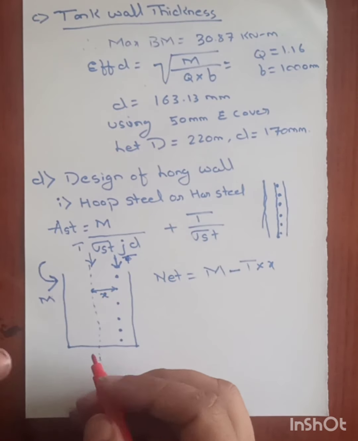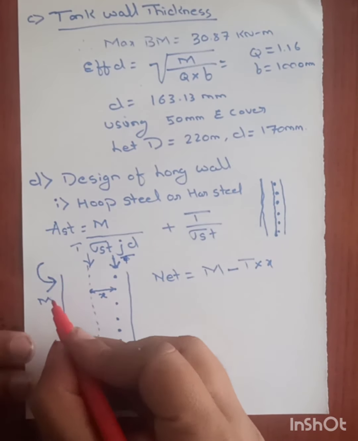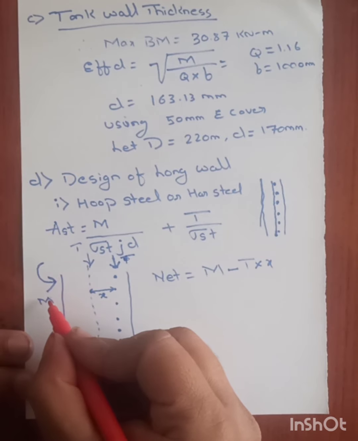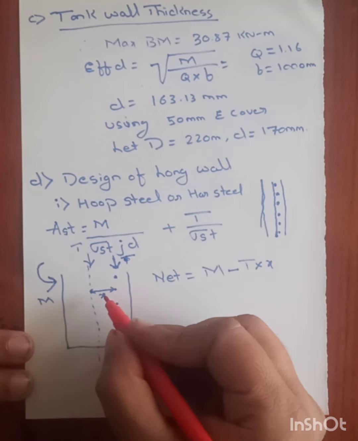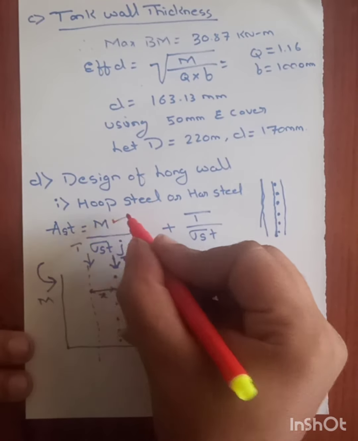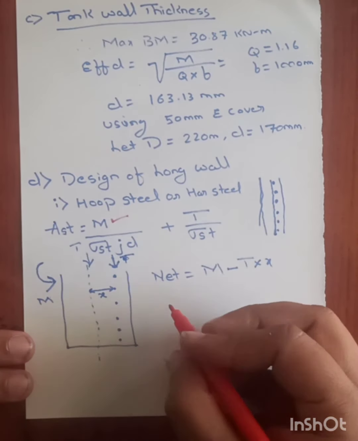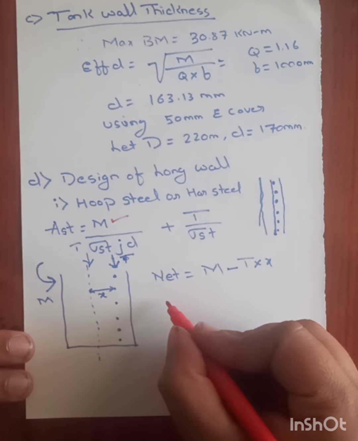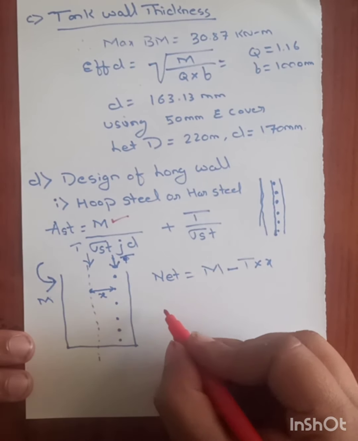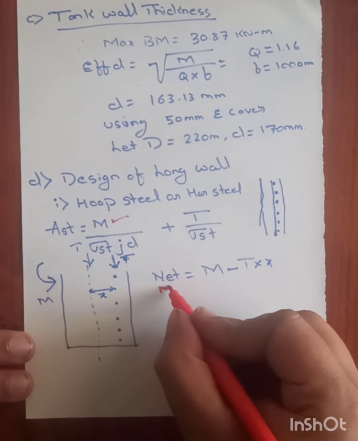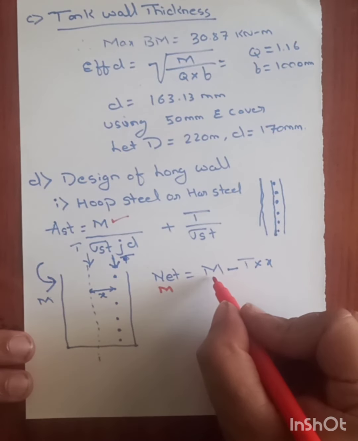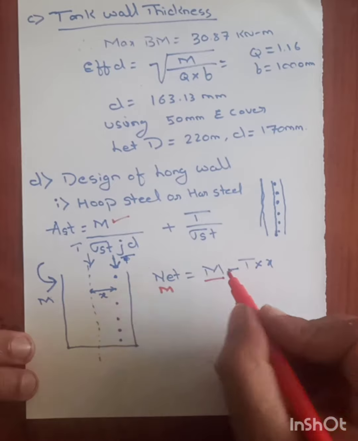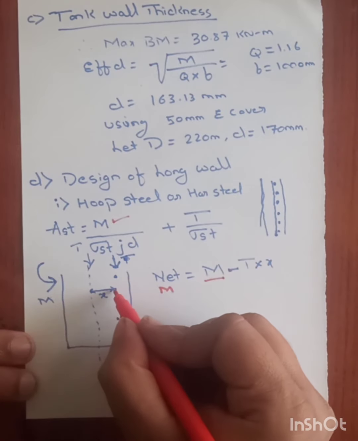So here, because of the nature of the forces, the moment which is in anti-clockwise direction and the tension which is in clockwise direction, this moment will be reduced and we need to find the modified moment, or you can say net moment. So here this is the moment M minus T into this distance.